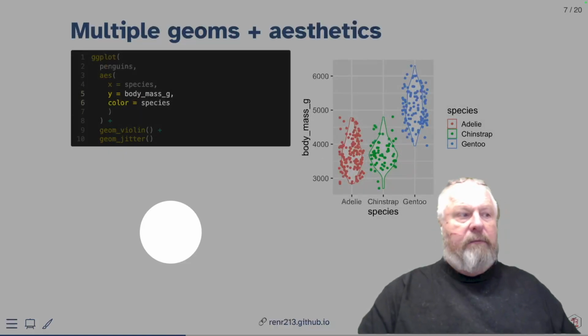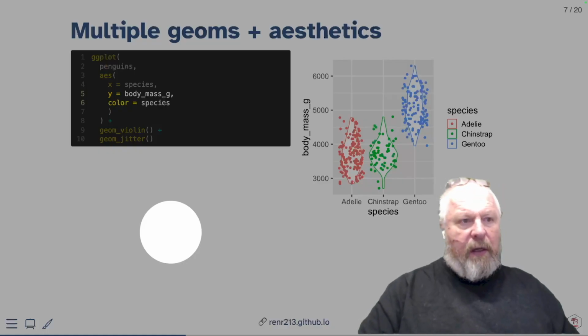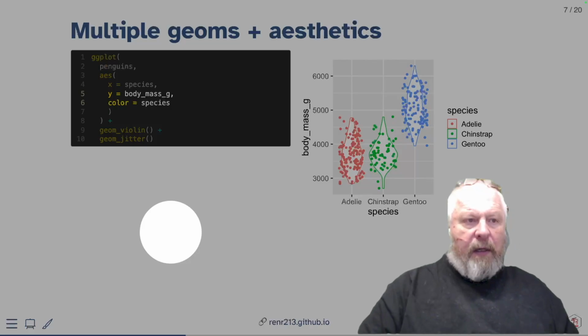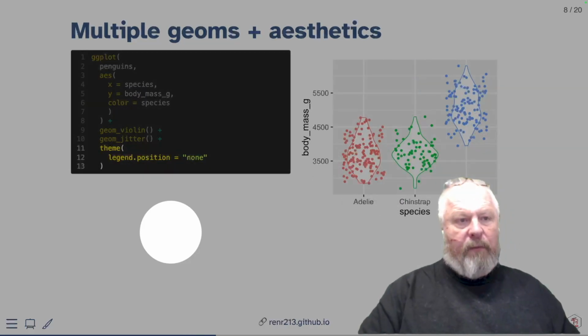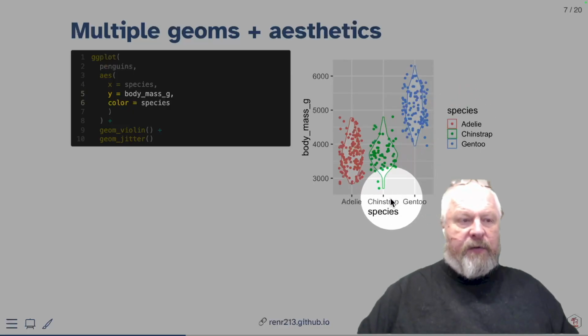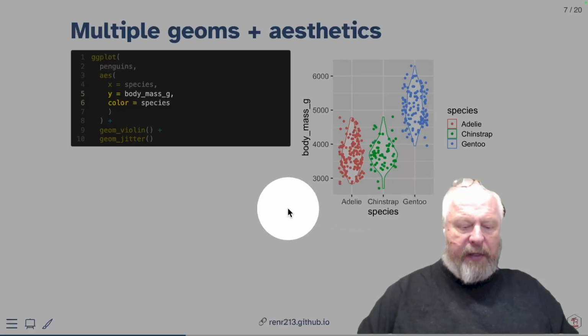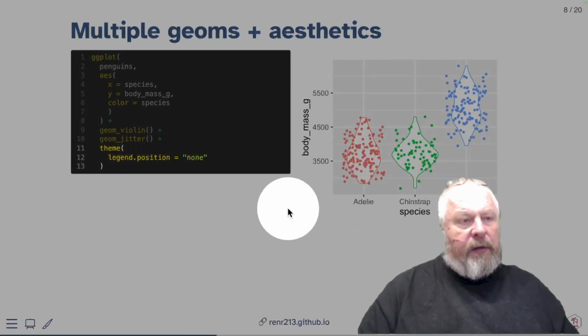And color is often useful. In this case, we're coloring the plots by the species of penguin. And one of the things that you can think about is that if you don't need a legend, if it's redundant with something else, in this case the x-axis labels, you don't need to put it in.